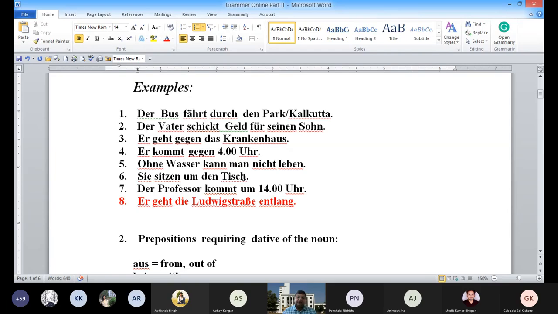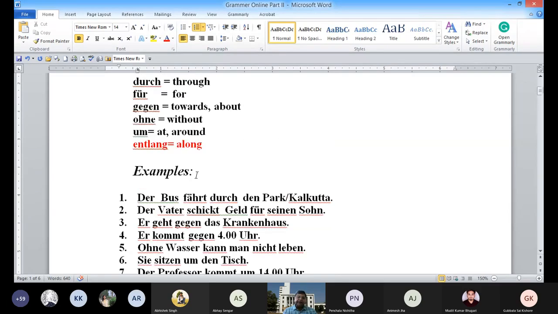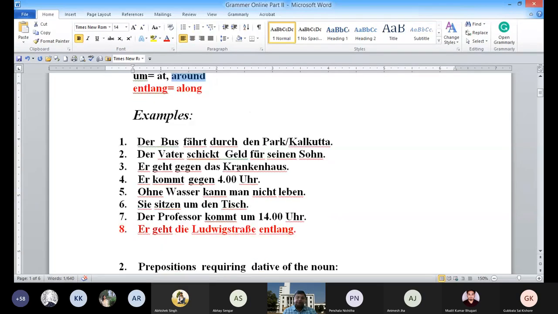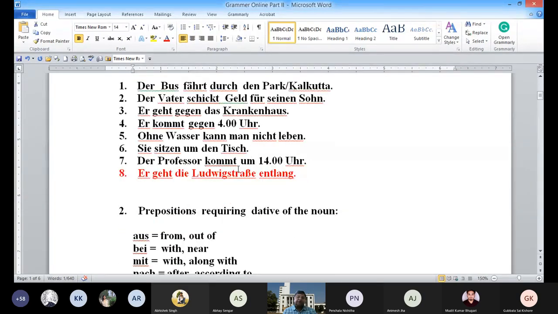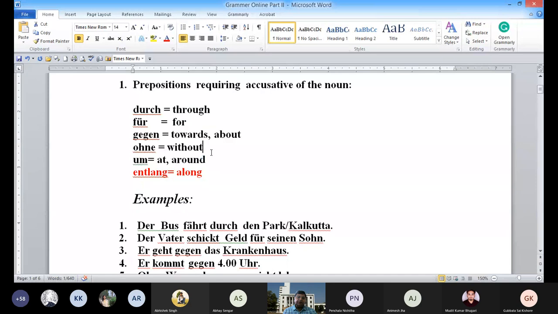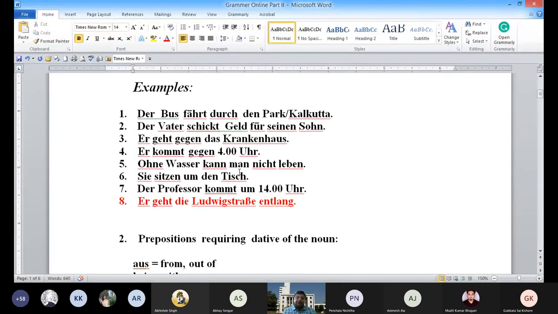So here the meaning is at. The second meaning is around, approximate time. Sorry, here around means around the table, and the word at is used as a preposition for exact time. The basic difference you can find when you say gegen 4 Uhr: the meaning is approximate time, about 4 o'clock.